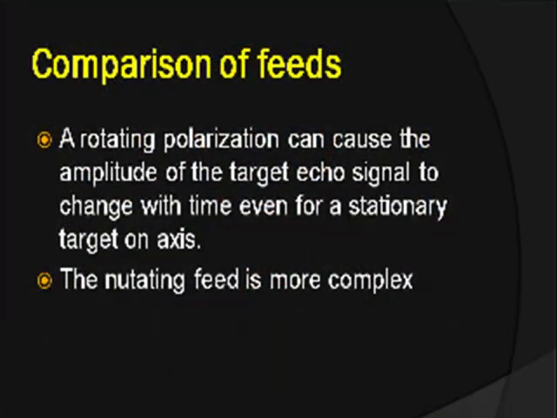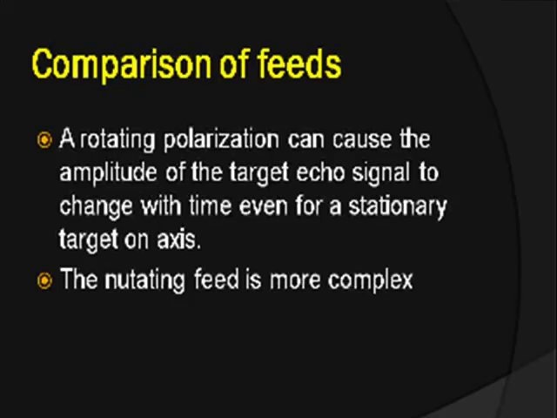You can see in this slide the comparison between these two types. A rotating polarization can cause the amplitude of the target echo signal to change with time even for a stationary target on axis.